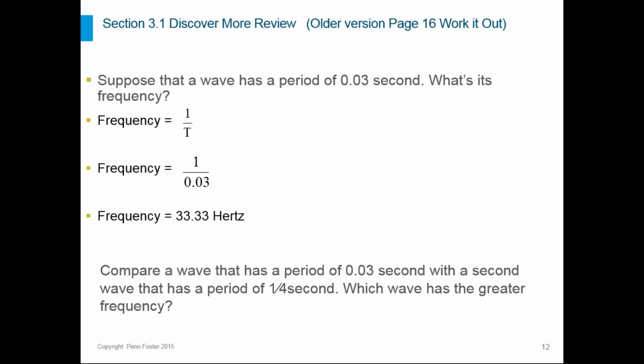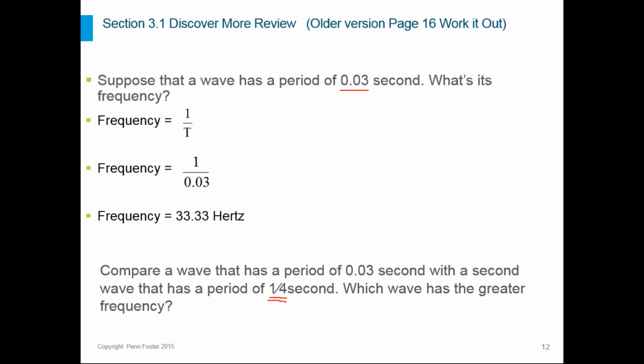So before we do any math, let's just think about it logically. Remember that frequency and period are inverse. They're opposites. So this first wave has a period of 0.03 seconds. So that's 3/100ths of a second. That's very small. Our next wave has a period of 1/4 of a second. So, okay, that's much bigger.